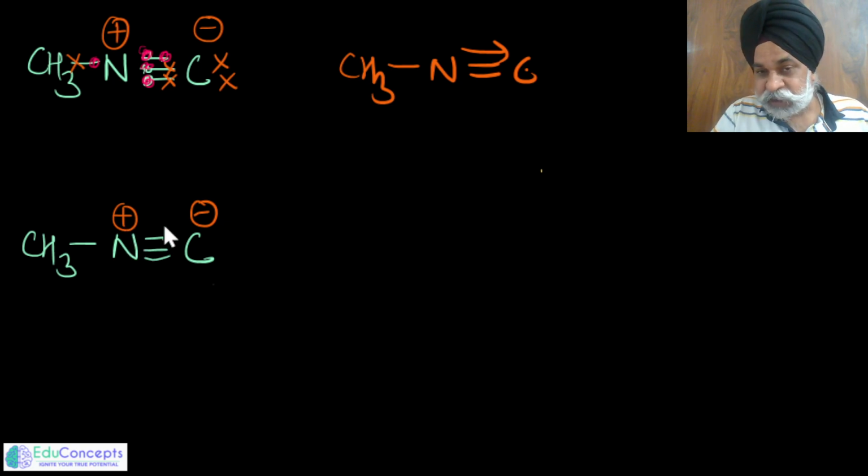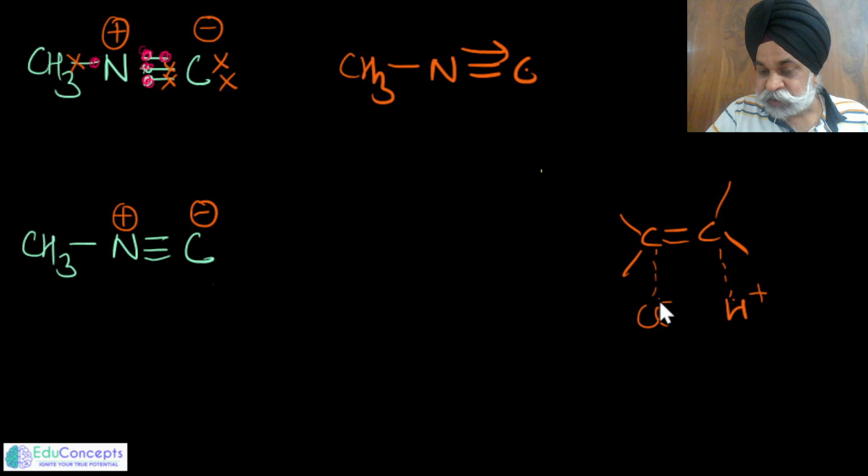Make it a point, this is a categorical statement: isocyanates are the class of compounds in which the addition of an electrophile and nucleophile happens onto the same carbon, unlike any other starting material. If you have a carbon-carbon double bond, if H positive goes here, then Cl negative goes there.